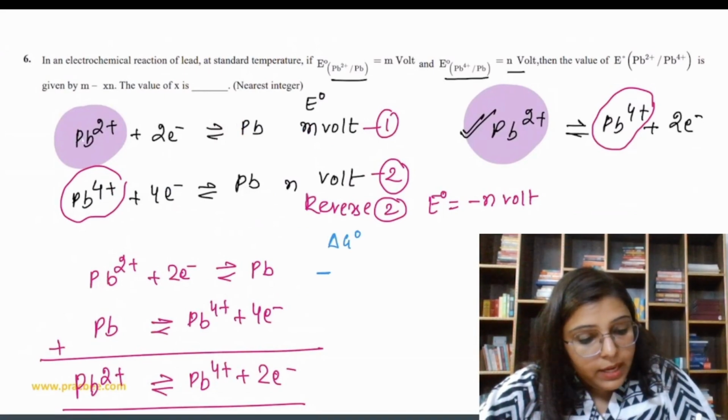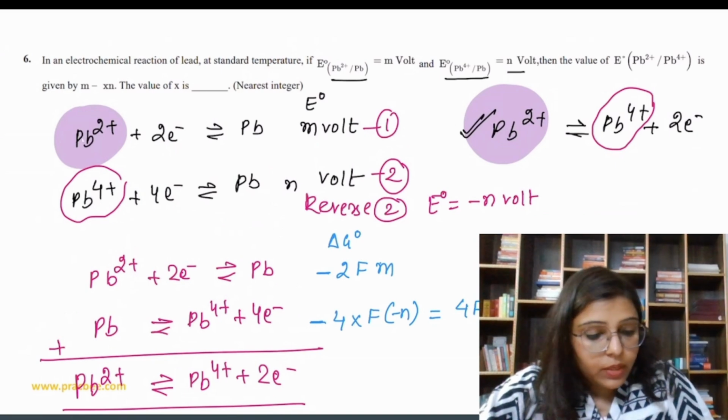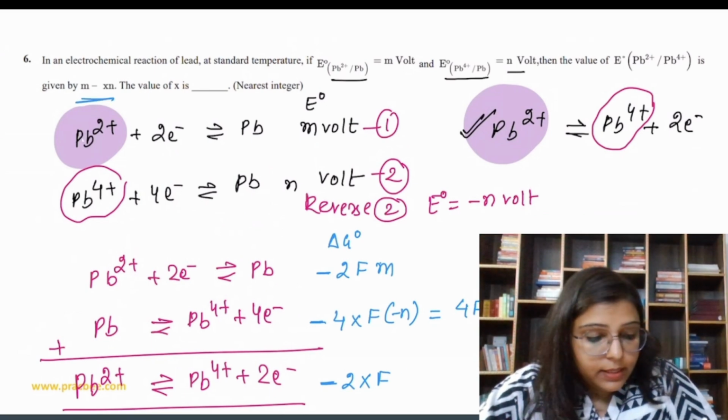For this one, minus 2F into E naught, which is m. Here, minus 4 into F and E naught is minus n, which we can write as 4Fn. Now for this one, minus 2 into F and E naught is m minus xn.